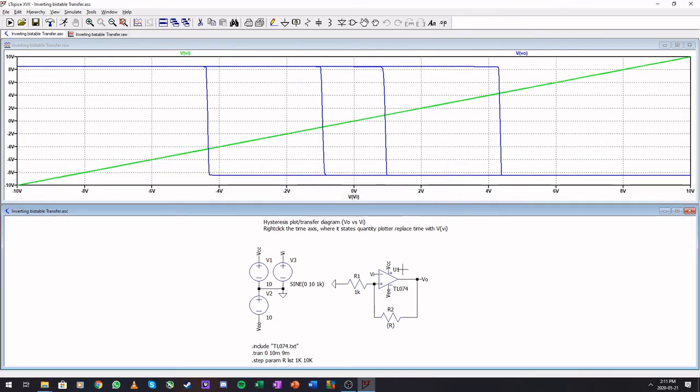So this will give you Vin versus Vout. Okay, so the output is on this side and the input is down here. So the blue one is with the two 1Ks and the red one is with a 1K and the 10K. And that is the inverting bistable.